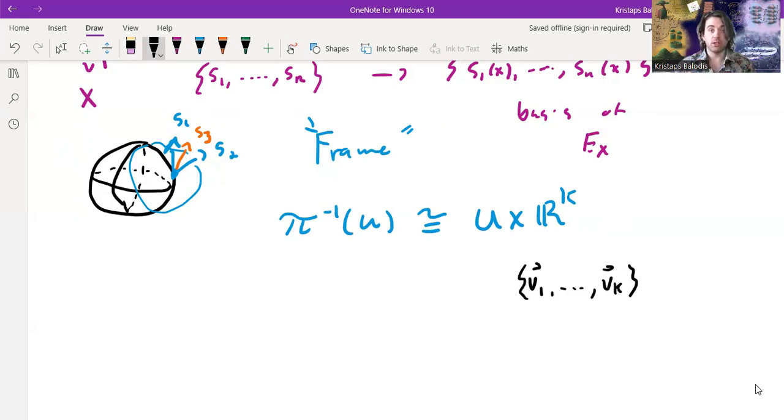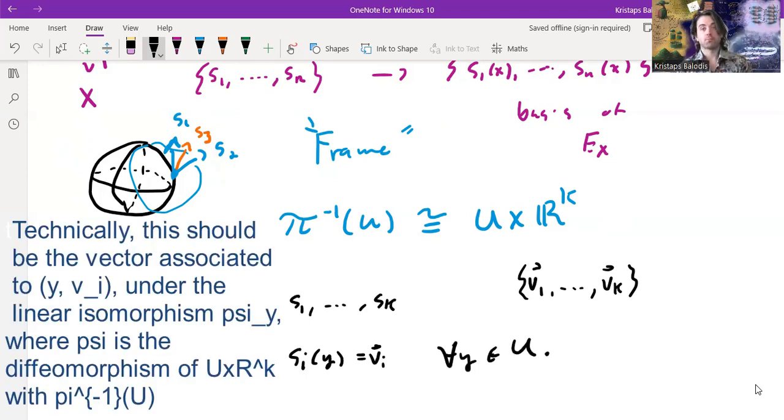And now we define sections. So how are we going to define these sections, S_1 up to S_k? Well, we simply define S_i at y to be equal to v_i for all y in U. And now it's just a matter of proving that this is in fact a smooth map and that it is a section of the projection map.